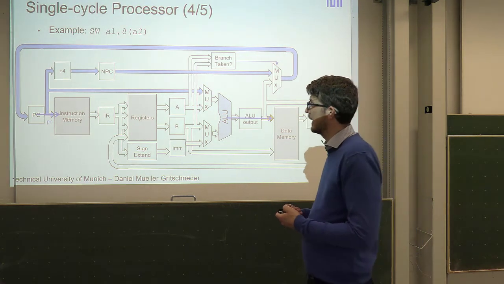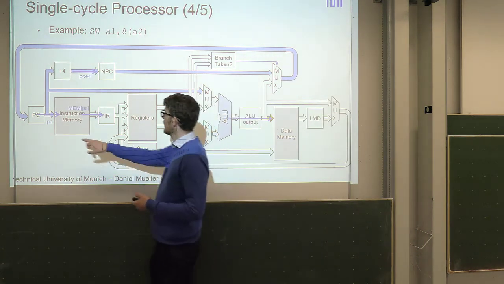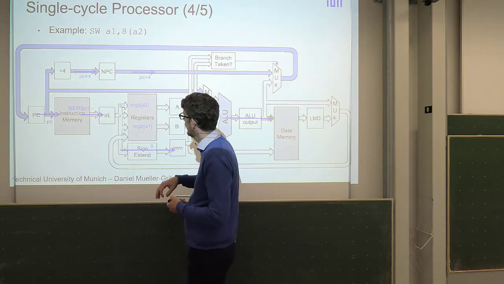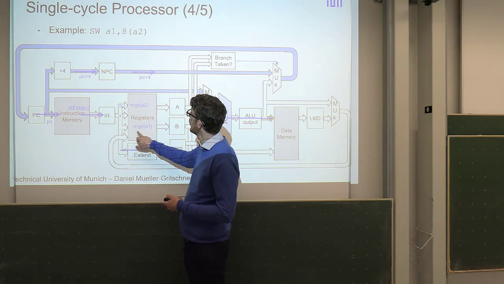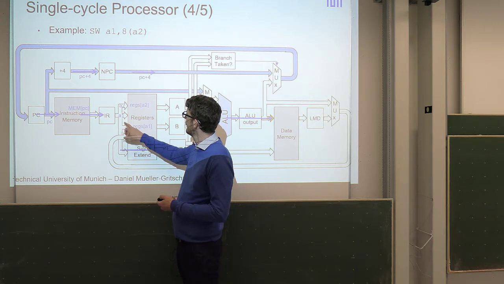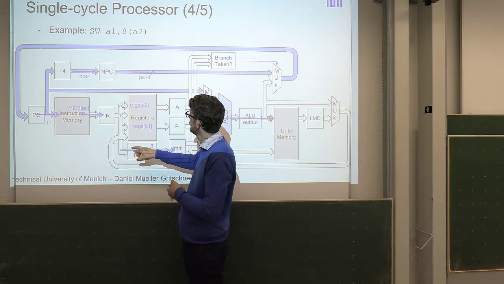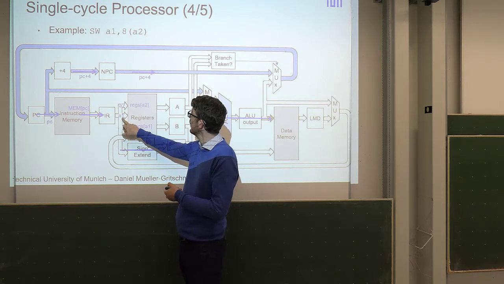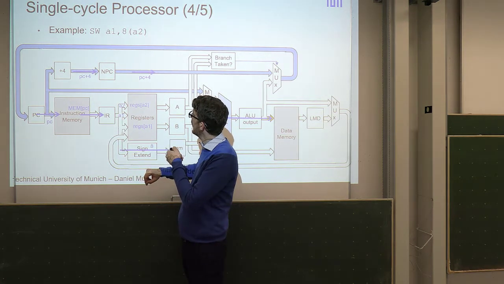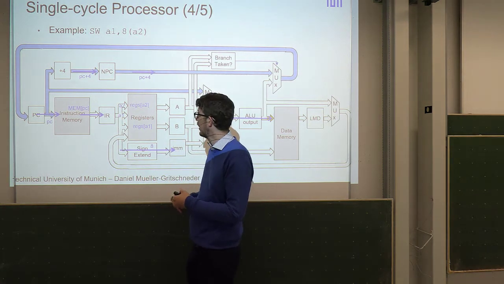Here what we are doing is, again, same thing, instruction fetch. We get the instruction, we decode it, and now what do we have, right? So we find out that we want to read from the address A2, right? But we also want to find out that we want to store the value which is in the register A1.